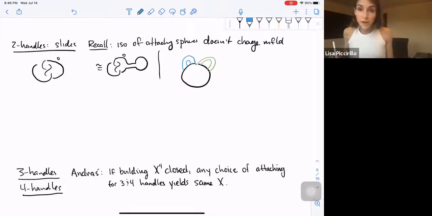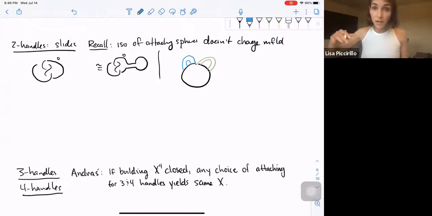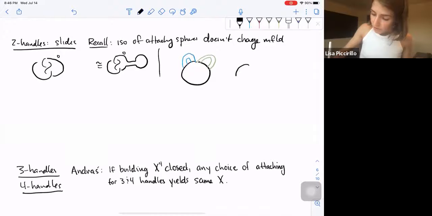You're allowed to modify the attaching sphere of that second 2 handle by an isotopy. So in particular, you can move it around however you like in the boundary of whatever was there before. And the boundary of whatever was there before is not just this S3, it's actually this S3 that's been modified by doing this handle attachment. And so the toy picture you always see people draw is that this space is the same thing as this space. You're allowed to take the feet of the blue handle and push them across the green handle if you want to.